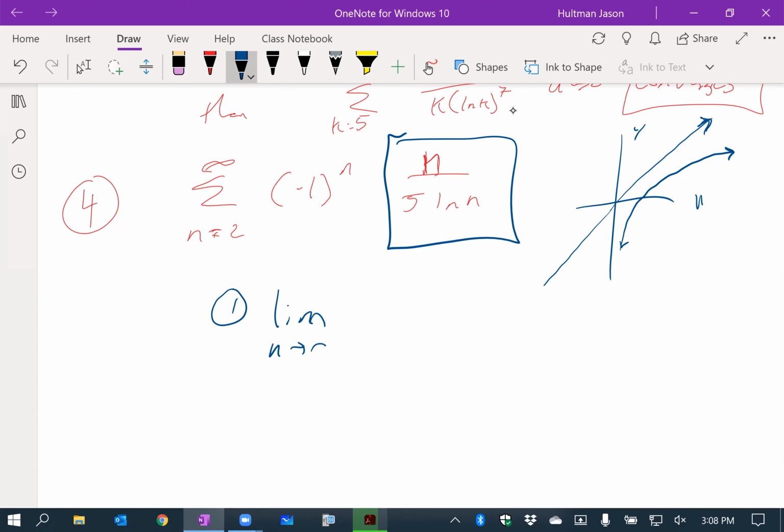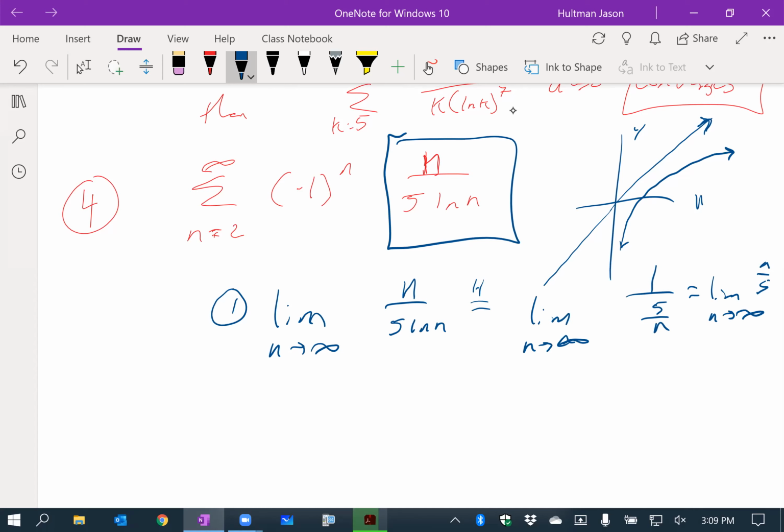Limit as n goes to infinity of n over 5 natural log n. Well, let's use Mr. L'Hopital on this one. Limit as n goes to infinity of 1 over 5 over n, which is equal to the limit as n goes to infinity of n over 5.